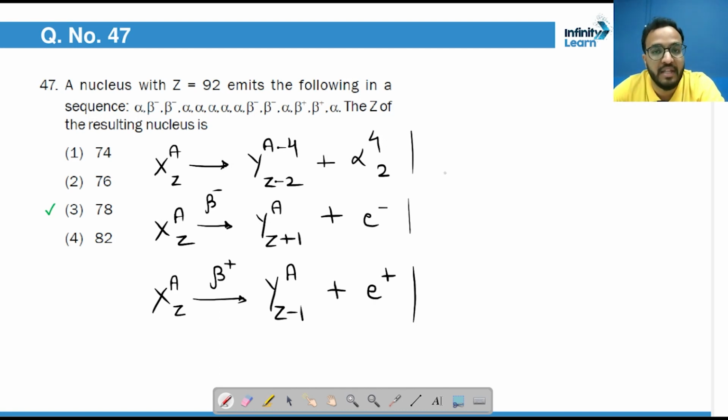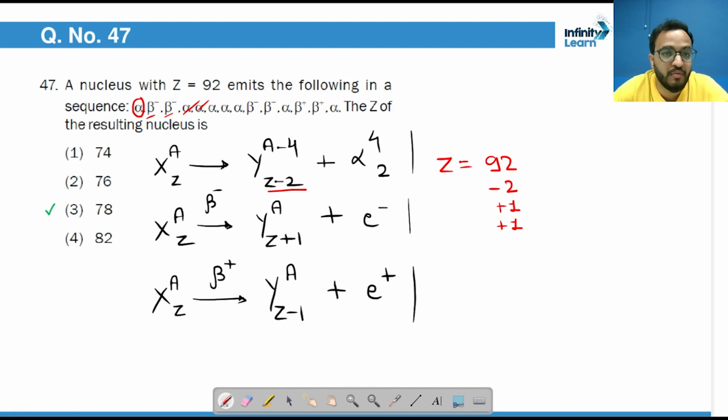Now we are going to go perfectly here. Z is 92 initially, so we will write like this: 92. Initially an alpha particle, that means minus 4, sorry, Z minus 2. Alpha particle, Z minus 2. Then beta negative particle, plus 1. One more beta negative particle, plus 1.